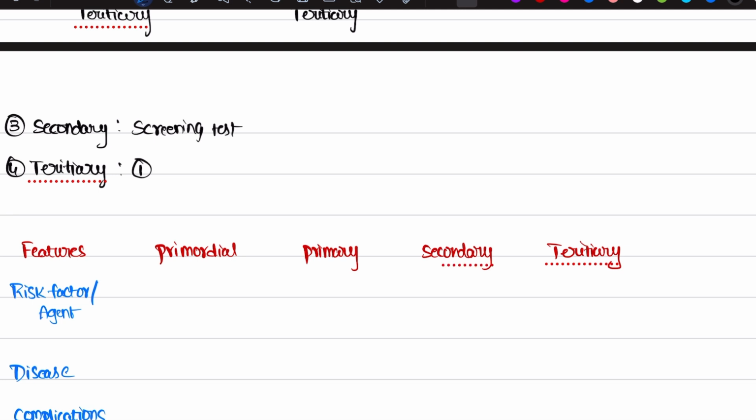Okay, we are going to prevent the further complications of the disease. So that's the reason I'm going to write here as disability limitation. So we are going to limit the disability, right? And if he was a chronic smoker or chronic alcoholic, we are going to send him to the rehab centers to prevent the further complications of the disease, right? So rehabilitation also comes under the tertiary level of prevention.